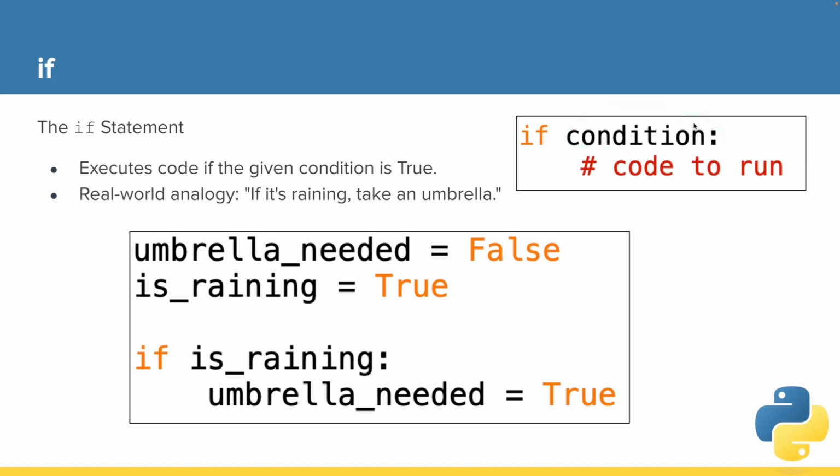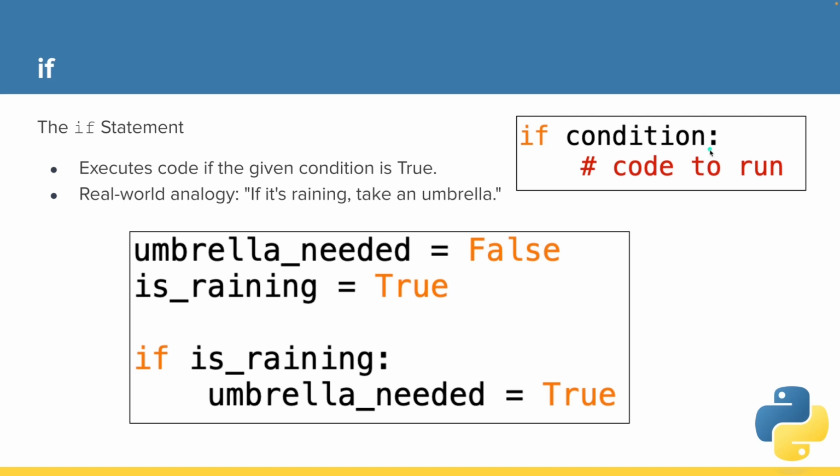And we've learned about truthy and falsy values. This condition could be, we could say if, and then put a list there, a list variable. If that list variable has contents, that's truthy, so it would evaluate to true. If it's an empty list, it would evaluate to false.